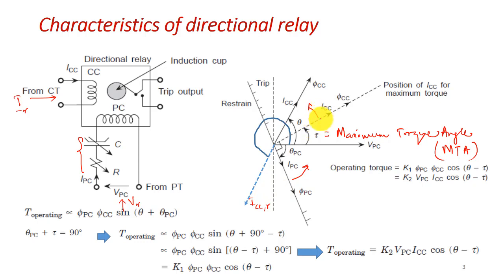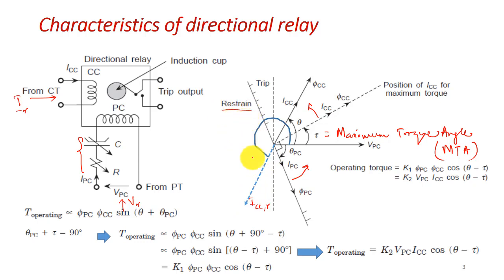What angle is it making with respect to VPC? It is making more than 180 degree, around 270 degree. We can see that the reverse current phasor is lying in the restraining zone.